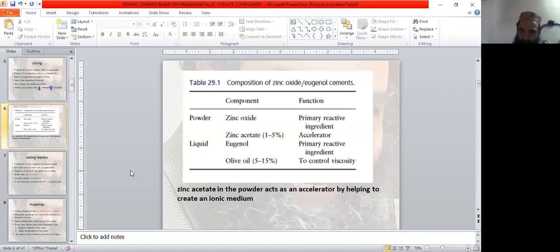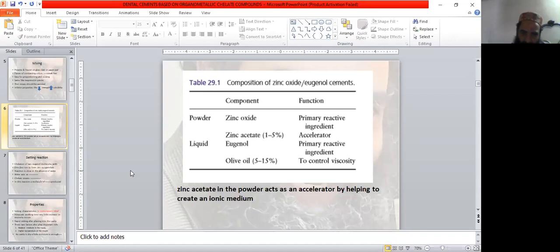Typical composition of a zinc oxide eugenol cement, if we see the component and the function. Powder contains zinc oxide, which is the primary reactive ingredient, and zinc acetate 1 to 5%, which is an accelerator. And liquid is eugenol, which is again a primary reactive ingredient, and olive oil, which is used for controlling the viscosity, and olive oil is 5 to 15%.